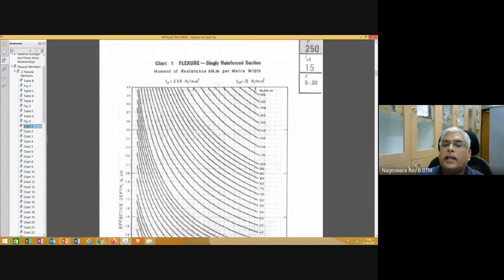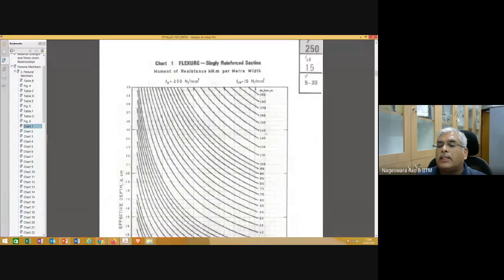So here you read moment of resistance per meter width. Once you know the target moment or your design moment, and once you have decided the section dimensions, you divide that moment with the width of the beam, Mu divided by B, okay?